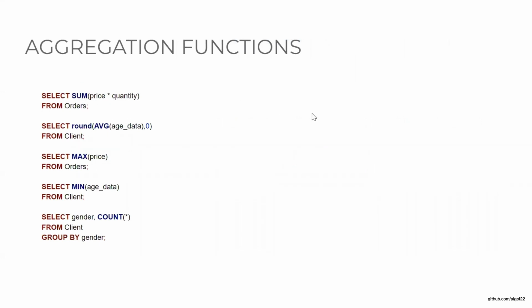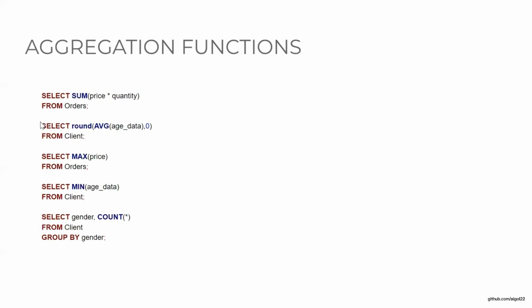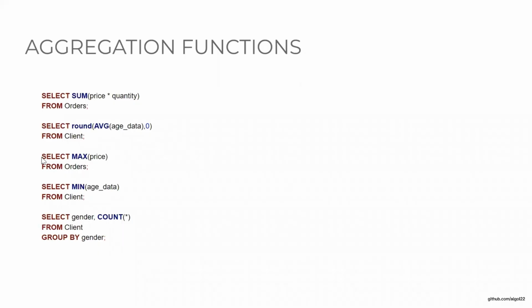So here are aggregate functions, and for example we can multiply our order prices by quantity using sum. This will get the average age from our client, average function, it's 35 years.